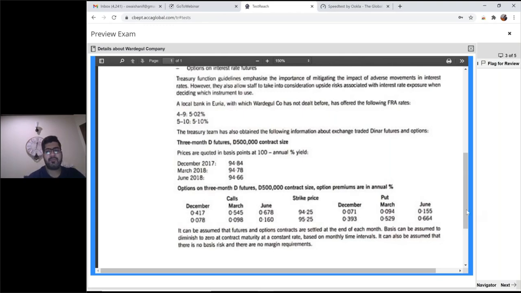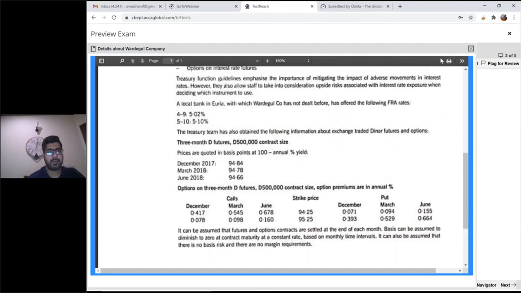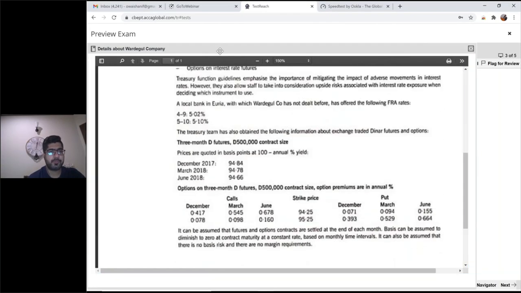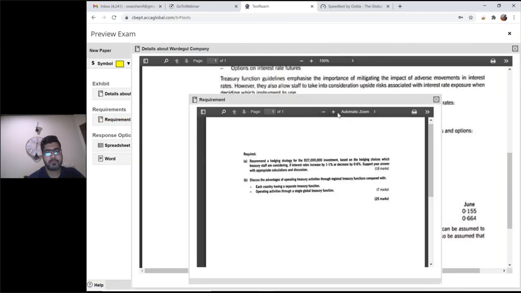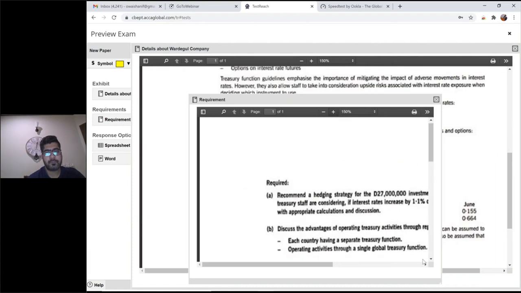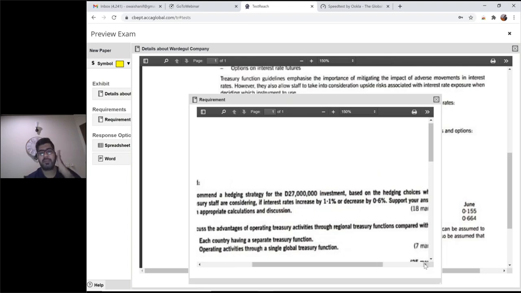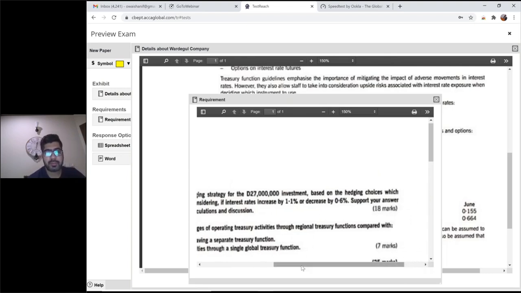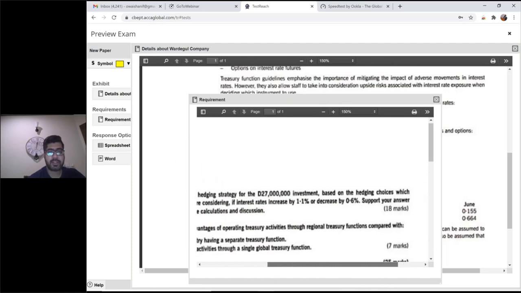After the information, the question stated: recommend a hedging strategy for the 27 million investment based on the hedging choices which the company is considering, if interest rates increase by 1.1, decrease by 0.6, and support your answer with discussion.